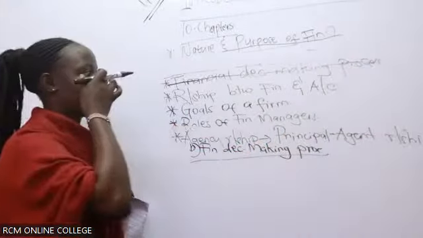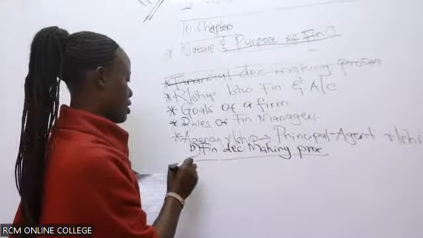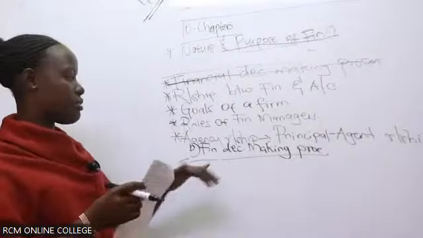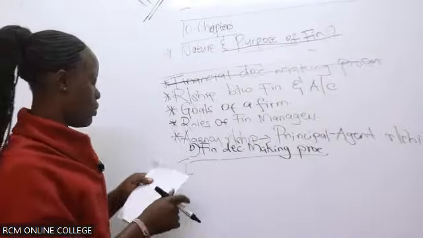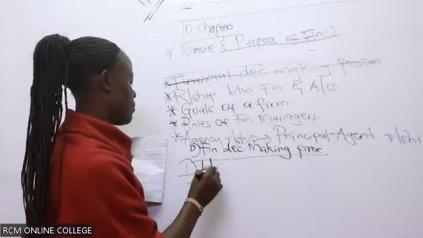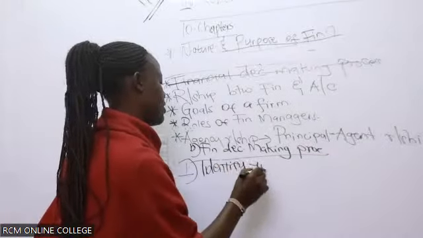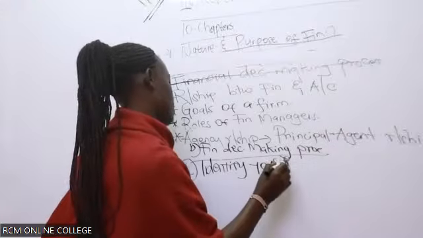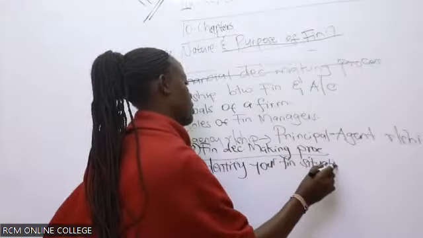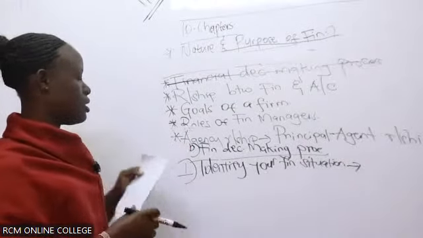When we are told to discuss the financial decision-making process, the first stage is where you identify your financial situation.